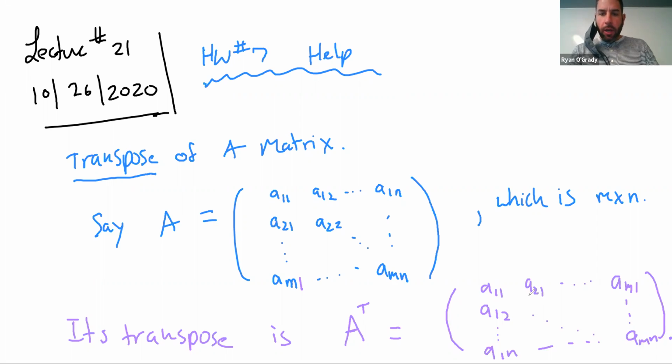So again, I would encourage you not to get overwhelmed by all these subscripts and symbols. Just look at examples. It's messy to define, but it's not hard to do. Does that make sense? So let's go to the next page real quick, and let's do some examples.